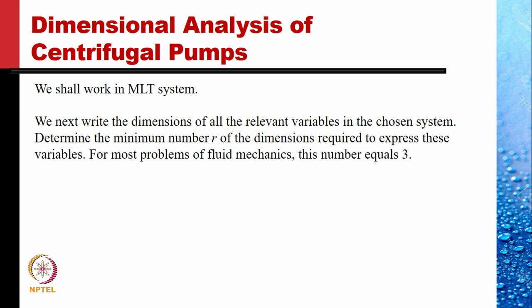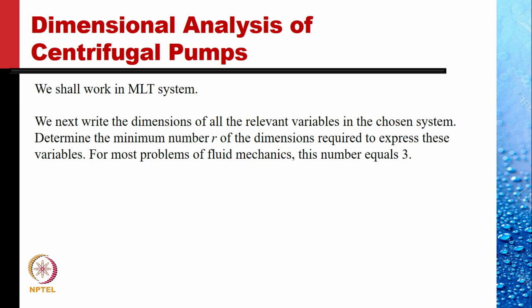We'll work in the MLT system. As usual, we next write the dimension of all the relevant variables in the chosen system. We determine the minimum number r of dimensions required to express these variables. For most problems in fluid mechanics, this number equals 3.